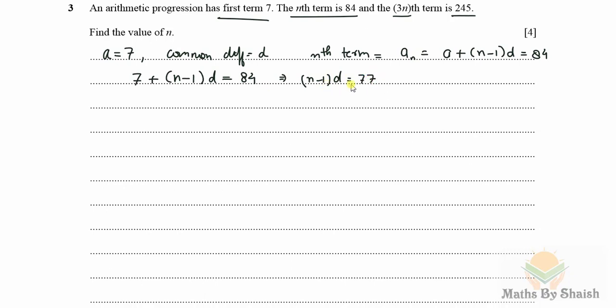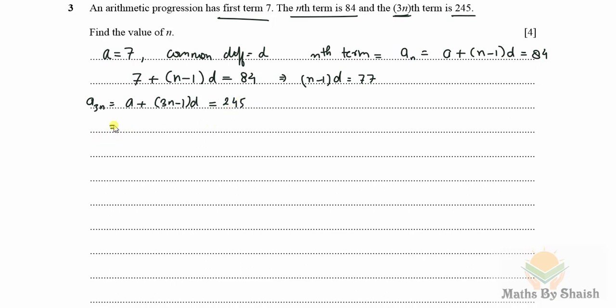So we have (n - 1)d as 77, and the 3nth term is 245, meaning a_3n, which is a + (3n - 1)d, which is 245.